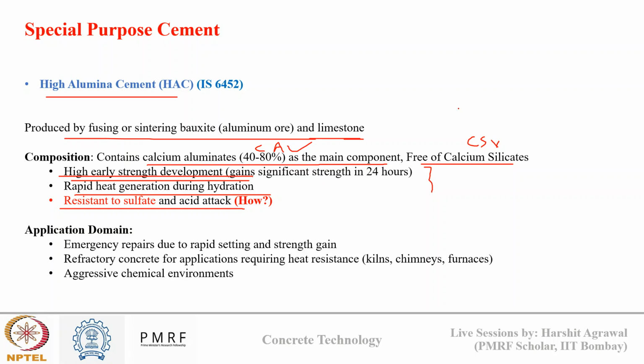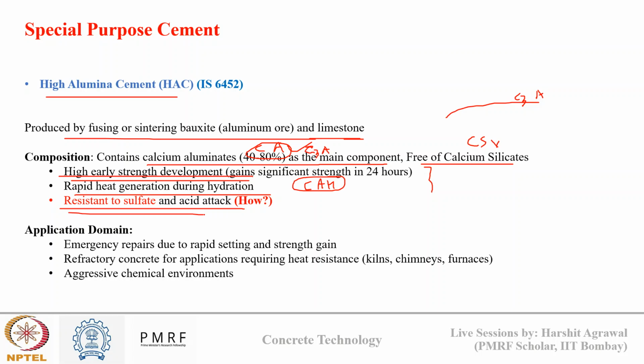Okay, though we have talked earlier that C3A doesn't contribute to strength development, here we are talking about calcium aluminate and it is not C3A. Okay, these are other phases of calcium aluminates which can react with water to form calcium aluminate hydrates, which can show strength development. So that's why, since calcium aluminates are highly reactive, it shows high strength gain.